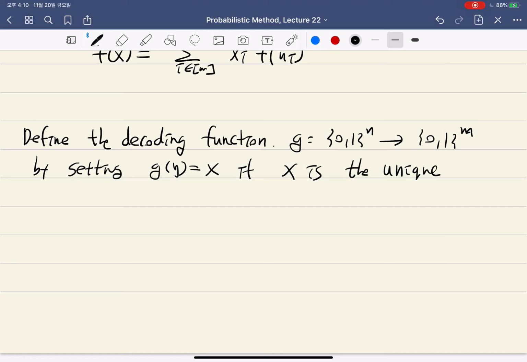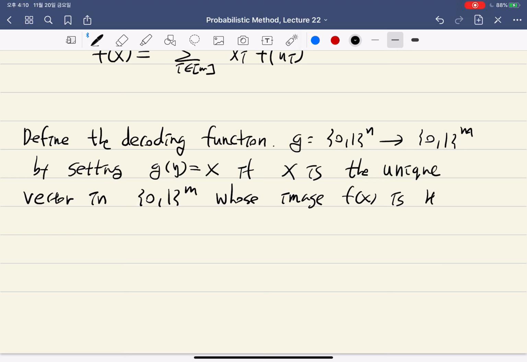So G of y is x if x is the unique vector of length m whose image fx is at Hamming distance at most n times p plus delta from y.